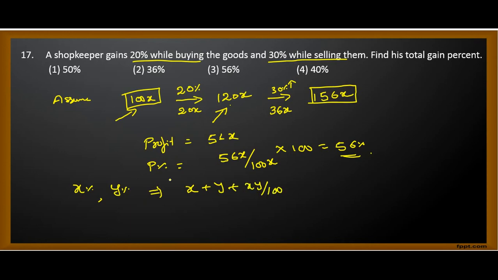You can apply this logic directly because here the same item has two percentage increments, 20% followed by 30%. So 20 plus 30 plus 20 into 30 by 100, which equals 56%. You can do either method. So the answer is option 3.